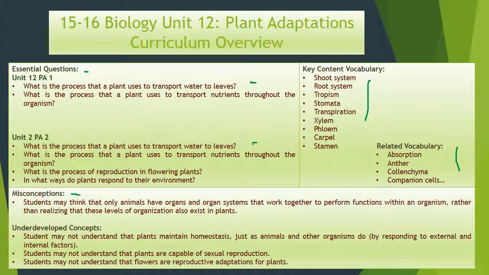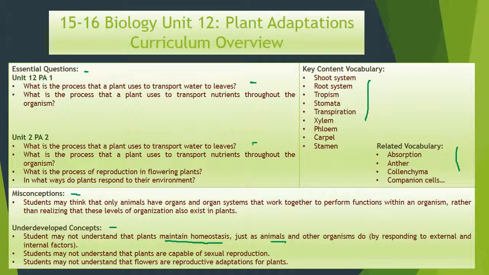Addressing the misconceptions or developing lab activities to address those misconceptions will be very useful. And underdeveloped concepts, and those are really difficult sometimes for the students to understand: the maintenance of homeostasis in plants, as it also occurs in animals as well.